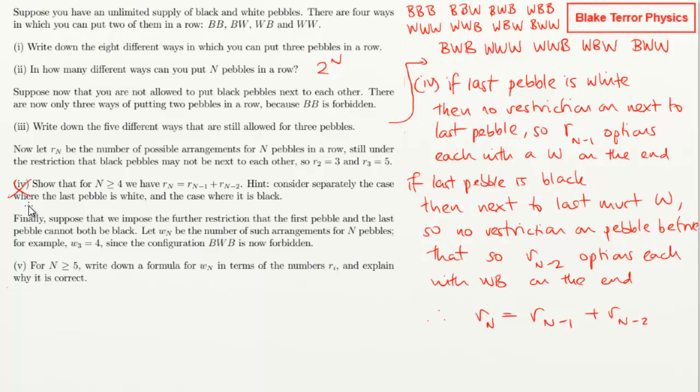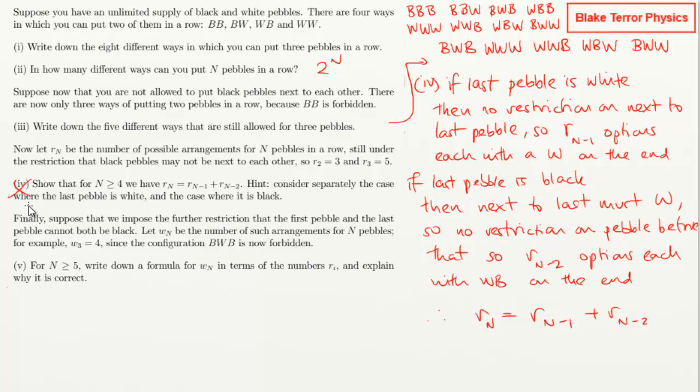Right, finally, suppose that we impose the further restriction that the first pebble and the last pebble cannot both be black. Let Wn be the number of such arrangements for n pebbles. For example, W3 equals 4, since we now can't have BWB.